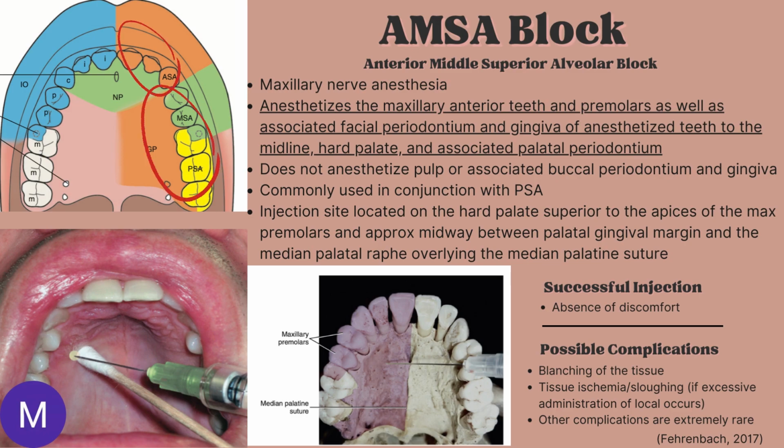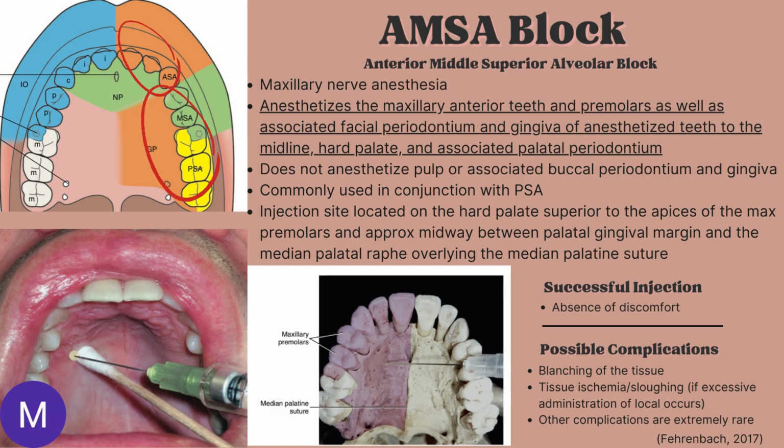Thus, the single-site palatal injection of the AMSA block can anesthetize the maxillary anterior teeth and premolars, as well as the associated facial periodontium and gingiva of anesthetized teeth to the midline, the hard palate, and the associated palatal periodontium and gingiva of the ipsilateral maxillary posterior teeth and maxillary anterior teeth bilaterally. This anesthesia is without the usual collateral anesthesia of the upper lip and muscles of facial expression.